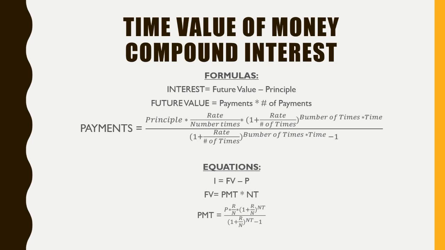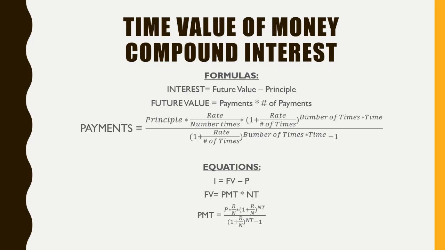So this is the formula for how you figure out how much compound interest, because we all know with loans, you're getting hit with interest multiple times, because these credit lenders are trying to get the most money out of you. In this case, your interest is going to derive from your future value minus your principal.